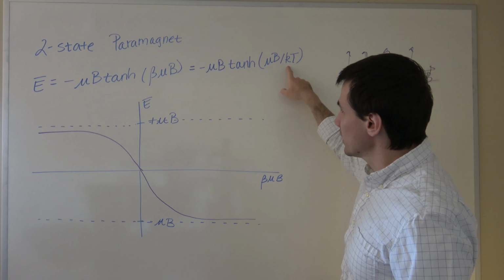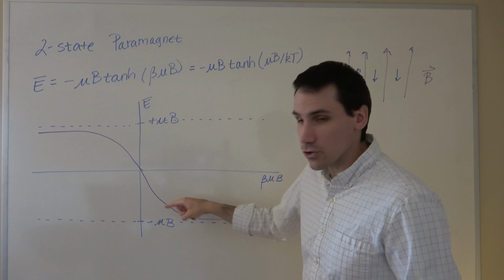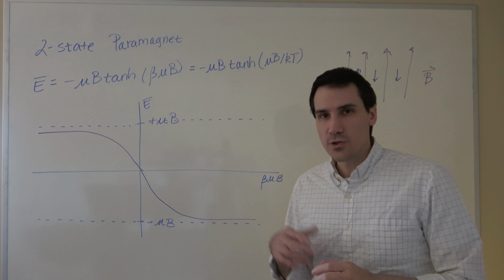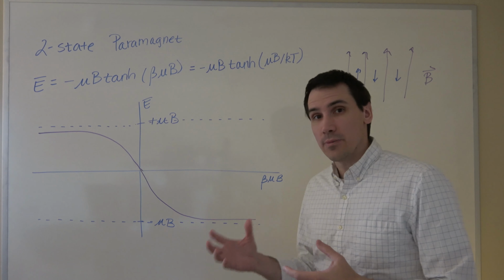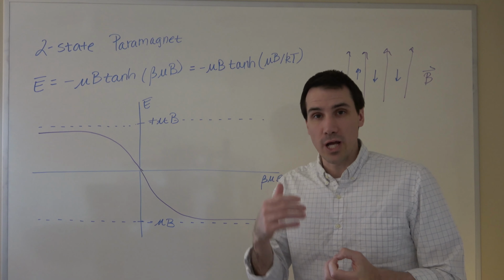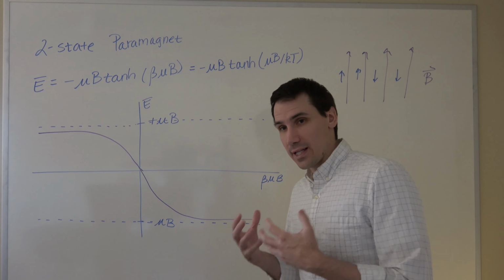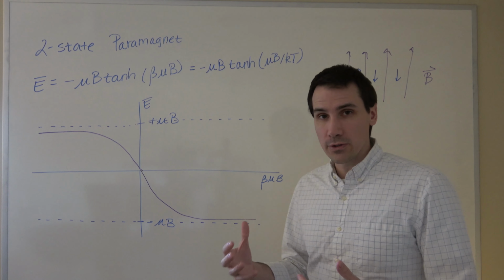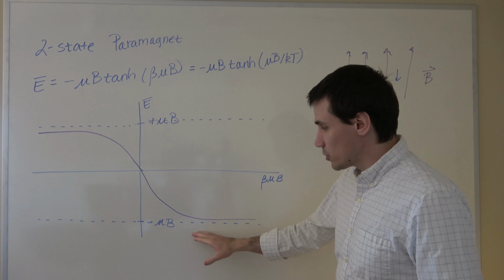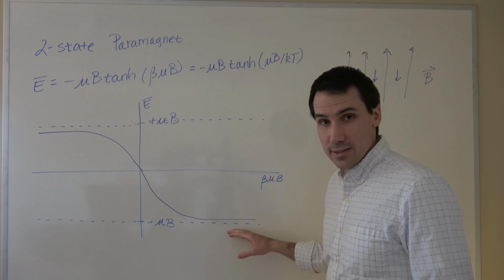So as our denominator gets very large, our average energy increases, but it increases towards what we have called zero. So we can see that this tanh function actually makes a lot of sense in terms of our expected average energy based on temperature and field strength. As field strength increases, we get more particles aligned up with the magnetic field, which are in low energy states, and our average energy per particle decreases.